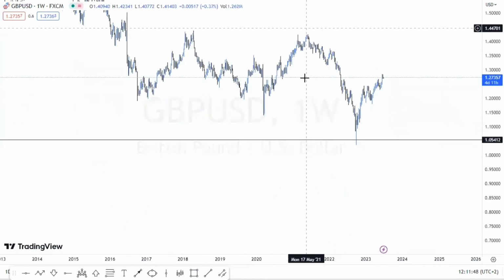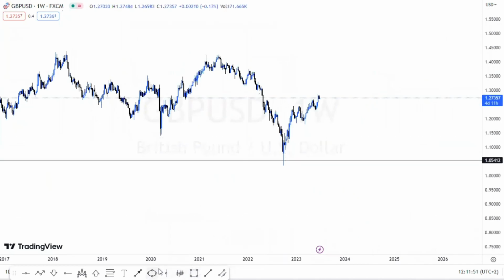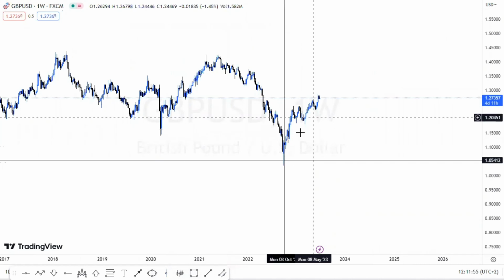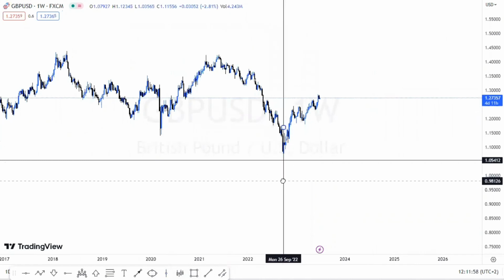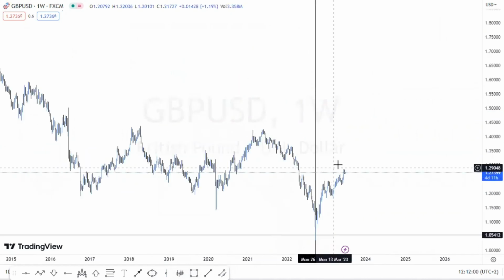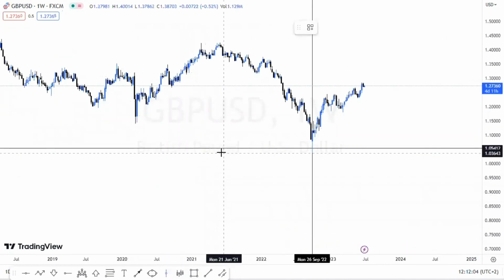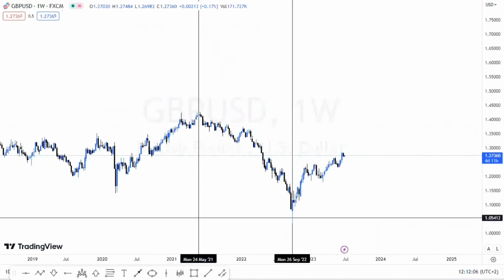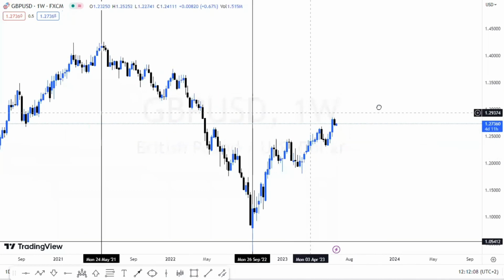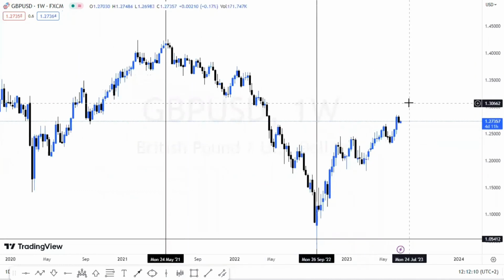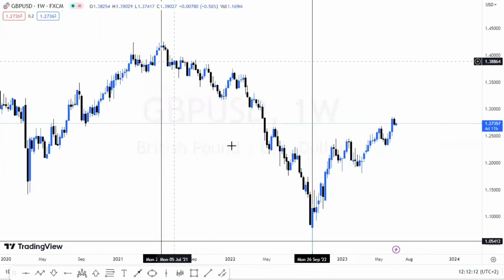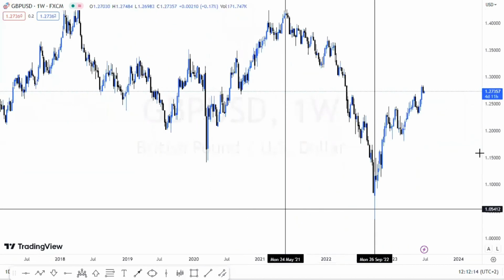But then zooming in, we can understand that ever since that low was made, price has reversed right here. This is where the low happened, and price reversed right here. And when you zoom in, you'll clearly see that we had a beautiful downtrend that had consistent lower lows, lower highs. It was a healthy trend right here.